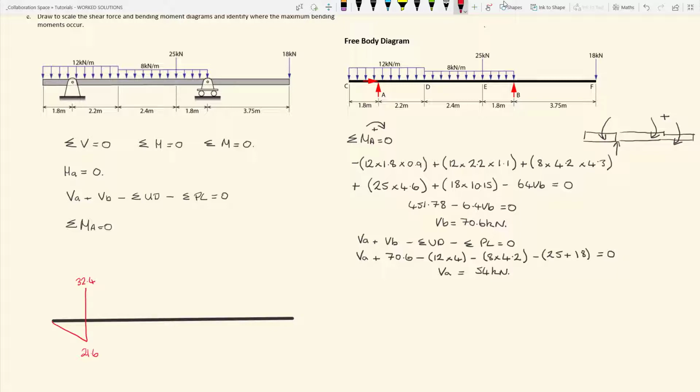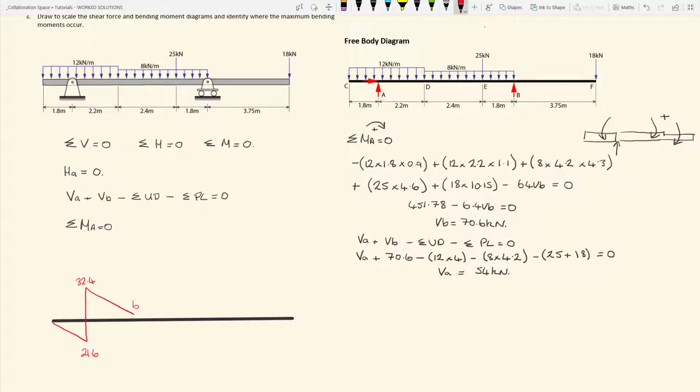We now consider the remainder of the 12 kilonewton UD load. This is losing 12 kilonewtons per meter over 2.2 meters. If we plot that, that will give a shear force at the end of the UD load of 6 kilonewtons.